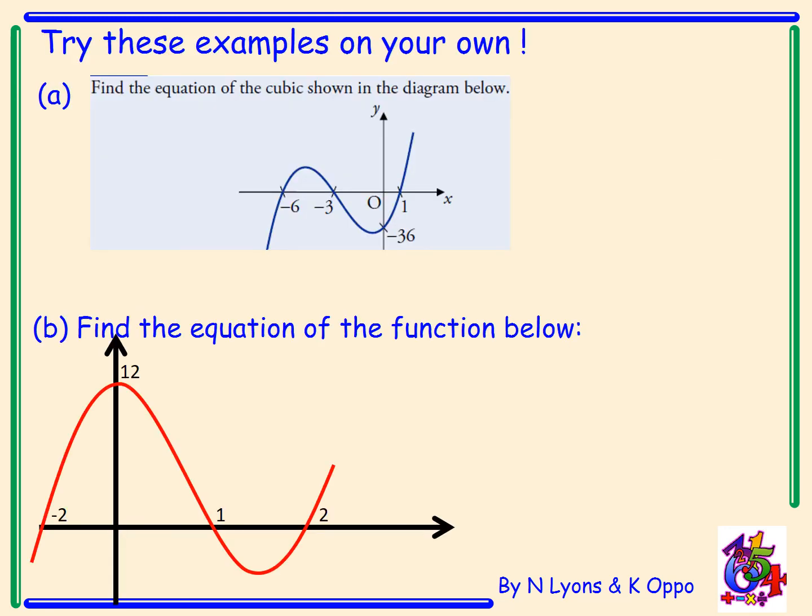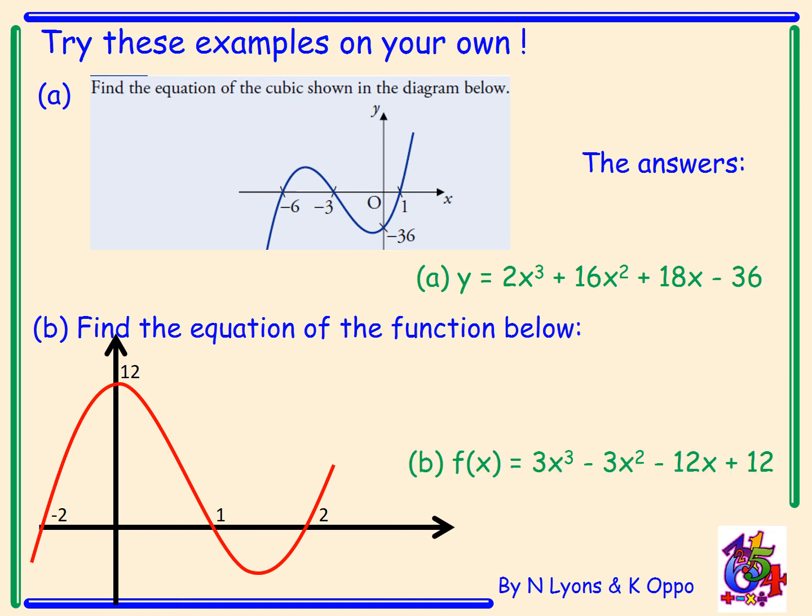Now try these examples on your own. Please pause the video. The answers for a, y equals 2x cubed plus 16x squared plus 18x minus 36 when expanded out, and b, f(x) equals 3x cubed minus 3x squared minus 12x plus 12 when fully expanded.